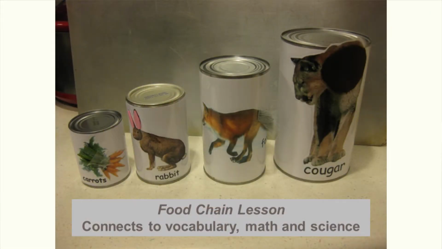All right, here's the food chain. So it's different cans, and the rabbit eats the carrot, the fox eats the rabbit, the cougar eats the fox, and it all goes on top of each other. And the bottom's cut out. So that's describing the food chain.